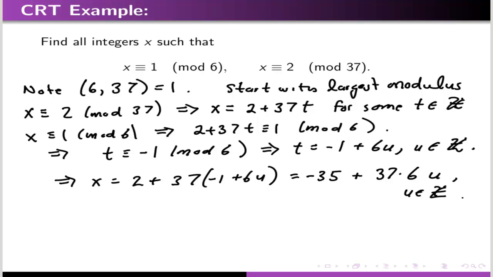And so you can see plainly that we are getting a single answer, negative 35, mod this modulus, 37 times 6, which is the product of the two moduli we started with. So thus, x should be congruent to negative 35 mod 6 times 37.